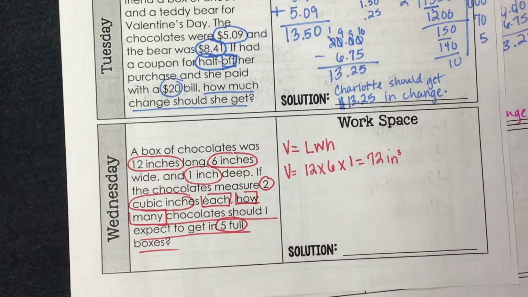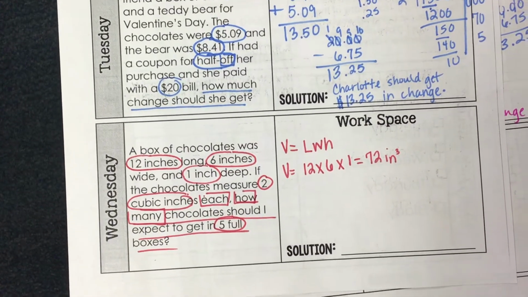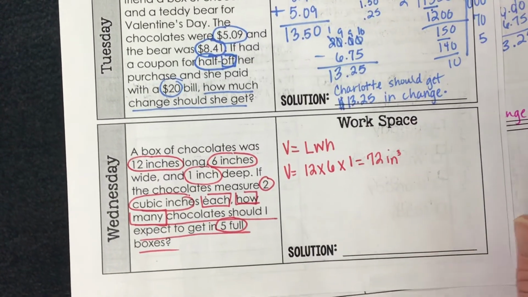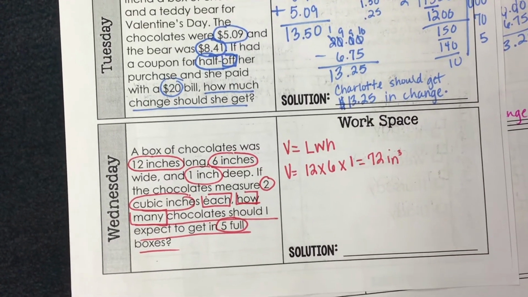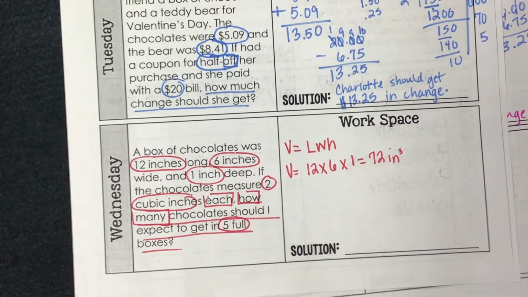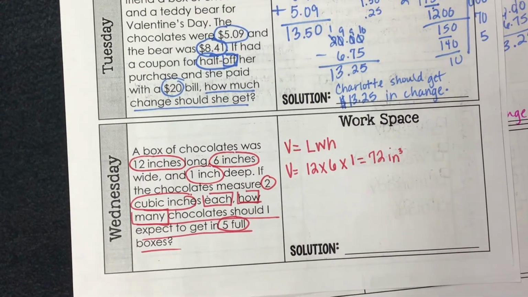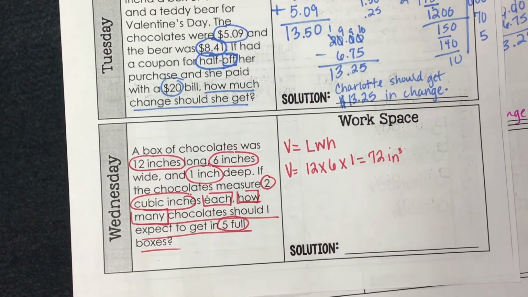How many candies can fit in that box? Quentin? 3. You divided. There's 72 cubic inches, and each piece of candy takes up 2 cubic inches. How many pieces can fit in that box? What do you need to do?